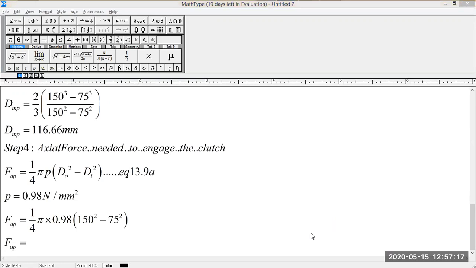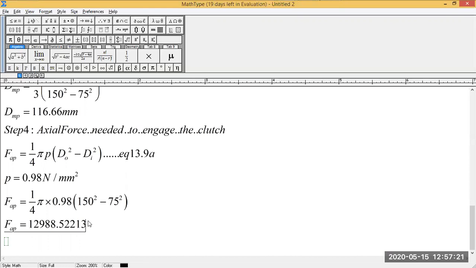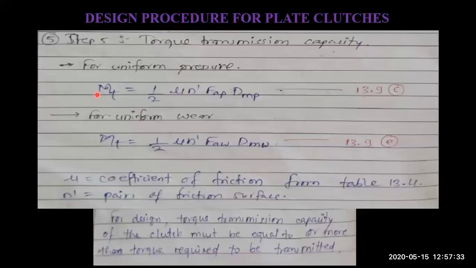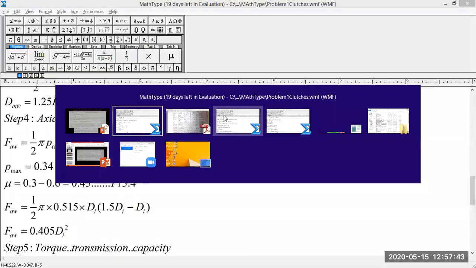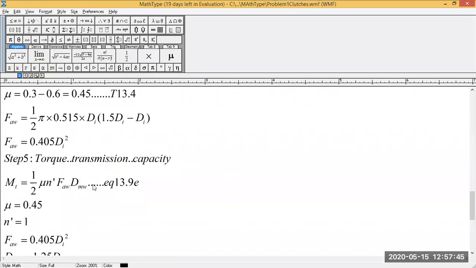So the FAP, that is the axial force needed, is this much. You can eliminate some decimals. This many newtons. Right, you're right. That's the axial force needed, and for this you can see the only change is W becomes P. Okay, there's not much difference. The equation number is 13.9 C. Copy this from the previous one.